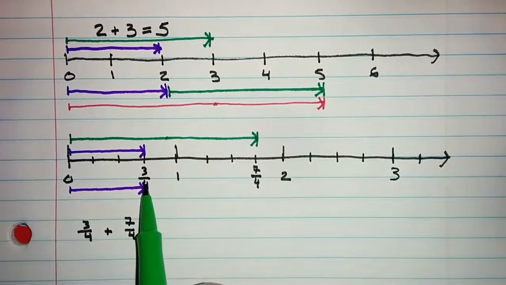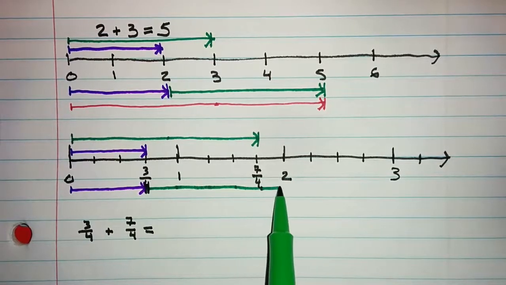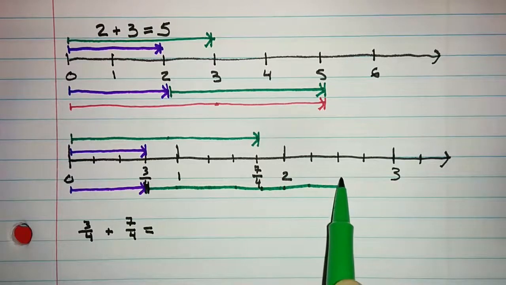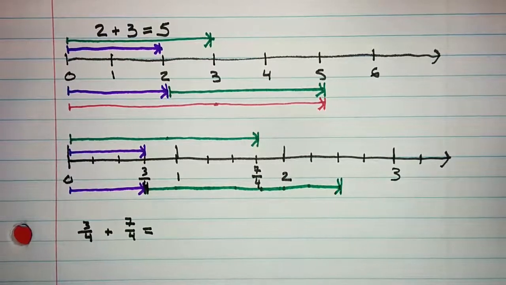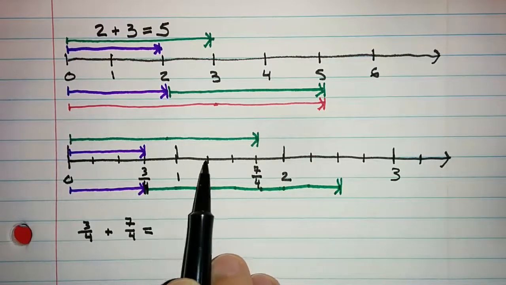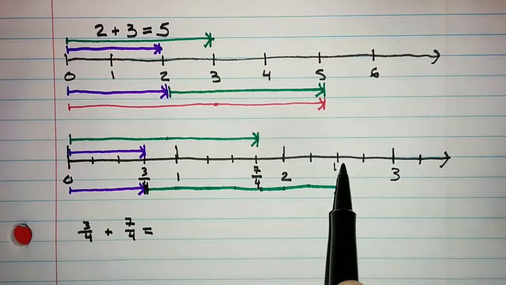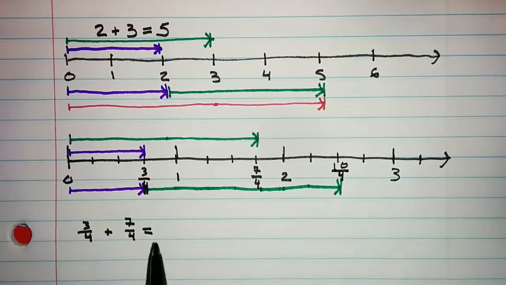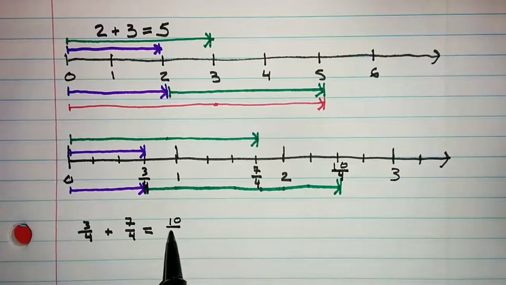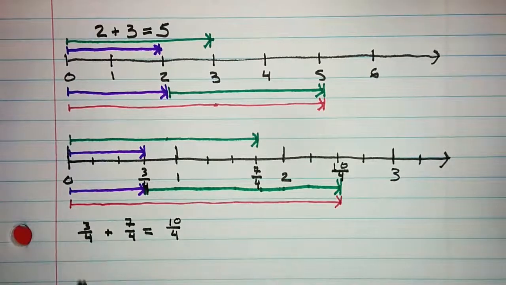So the length of this line segment will be 1, 2, 3, 4, 5, 6, 7/4. Where did that take me to? 1, 2, 3, 4, 5, 6, 7, 8, 9, 10/4. 3/4 plus 7/4 is 10/4. These two line segments together combine to give me the line segment 10/4.